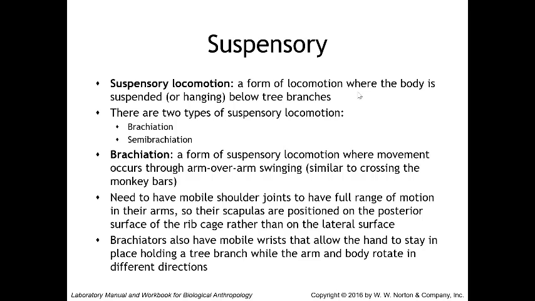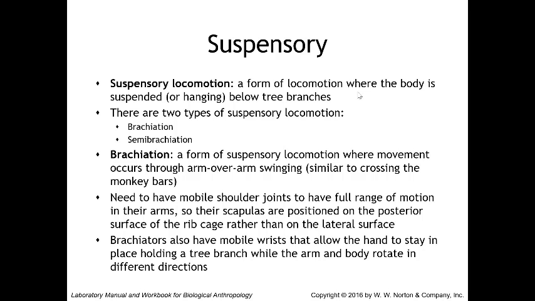So brachiators, aside from having scapulas on the posterior surface of the rib cage, longer arms, and curved fingers, will also have mobile wrists that allow the hand to stay in place while holding the tree branch, and then allow the body to rotate in different directions.